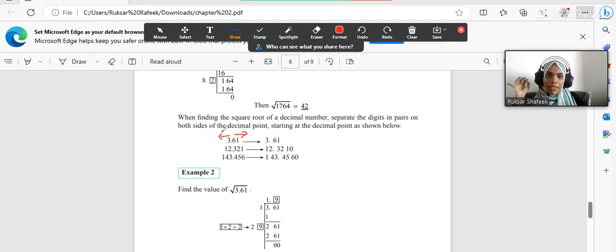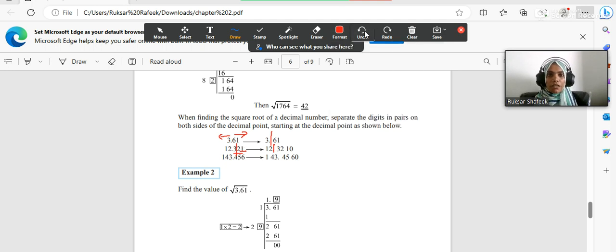So if you look at this one, this is 3. We have nothing in front, so we can maybe put a 0 if you want to, or we can just skip it off. So 3.61, this is the pairing that happens. 61 is already a pair, so there's no problem. But remember, when you talk about the decimals, the pairing does not happen from behind, because after the decimal, it has to happen towards the right.